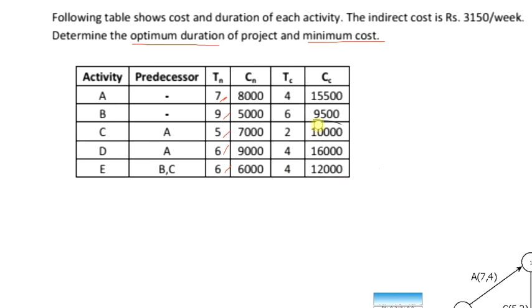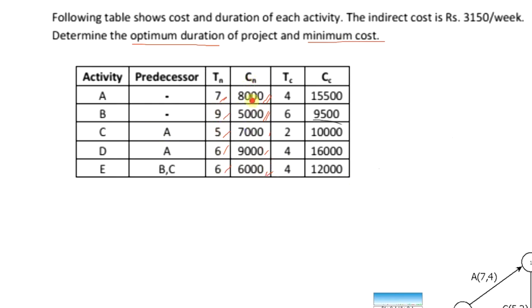All those data are given. Then another one is Cn, the normal cost. If we complete the activity in normal time, the cost will be 8,000 rupees for activity A. For activity B it will be 5,000, C it is 7,000, D it is 9,000, and E it is 6,000. So these are the data given.